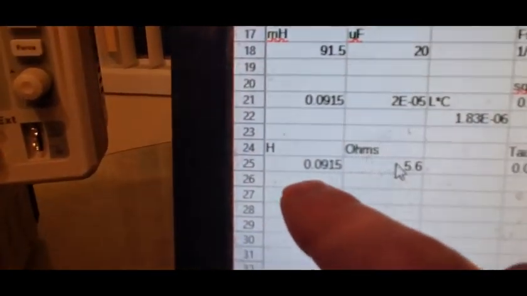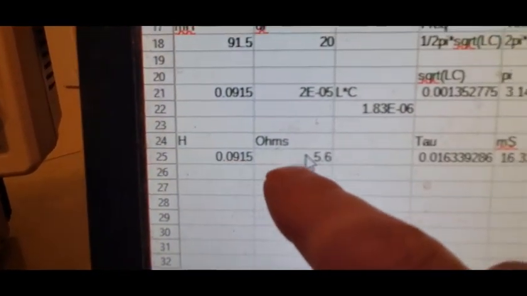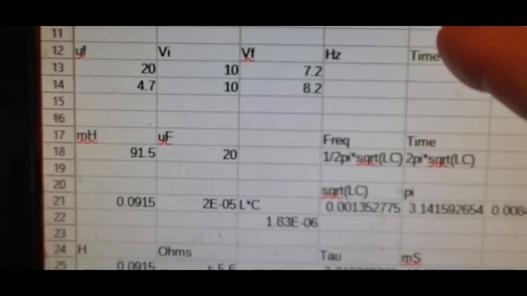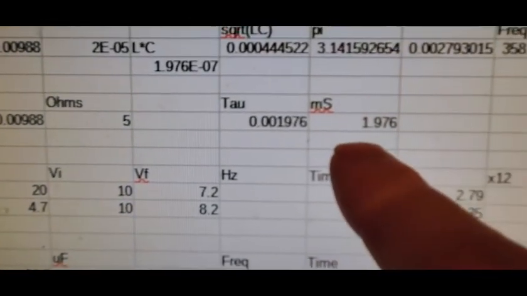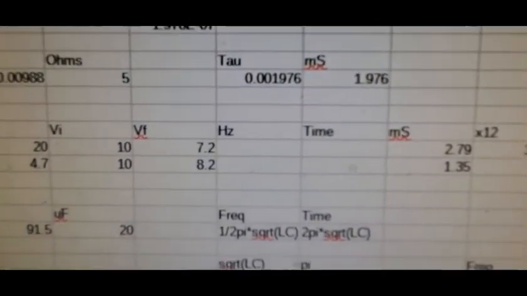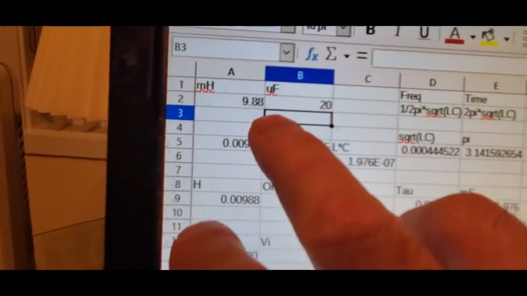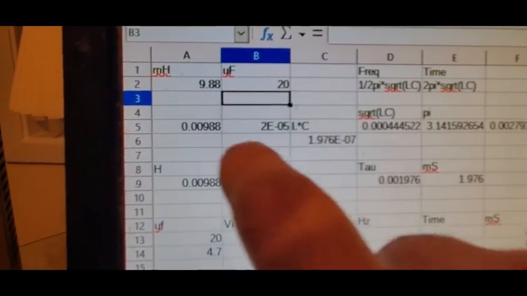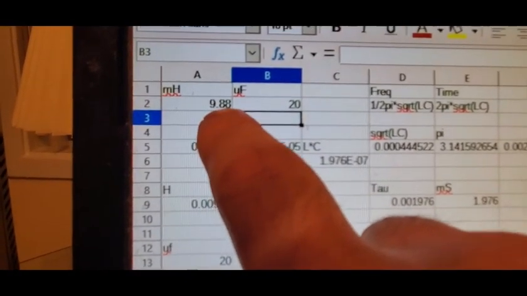Therefore, with the measured millihenries, the tau time is 16.33 milliseconds. The tau time of the previous coil was 1.976. So on the spreadsheet, on that first coil, 1.976 tau time and 9.88 millihenries.